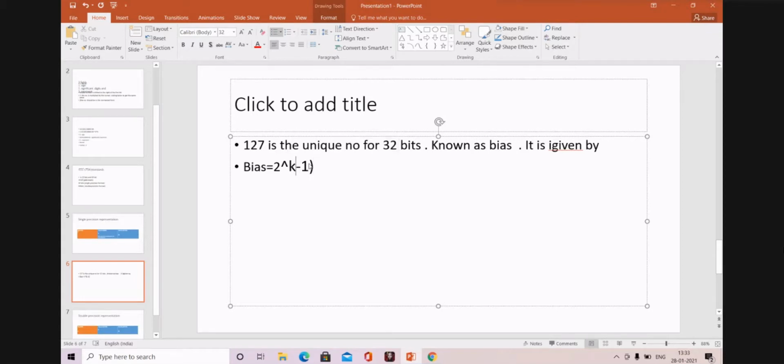The bias is from 2 to the power k minus 1, in the bracket. After that, we have to put minus 1, where k is the number of bits used to represent the exponent.